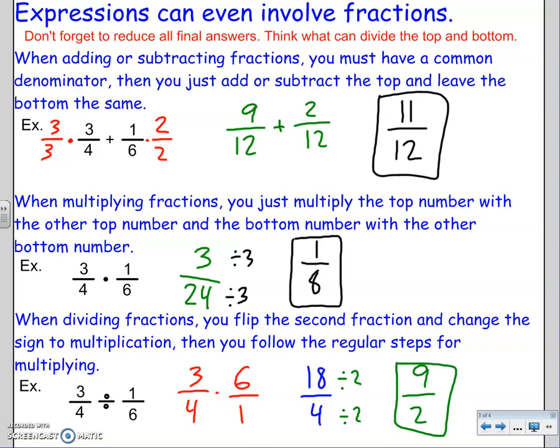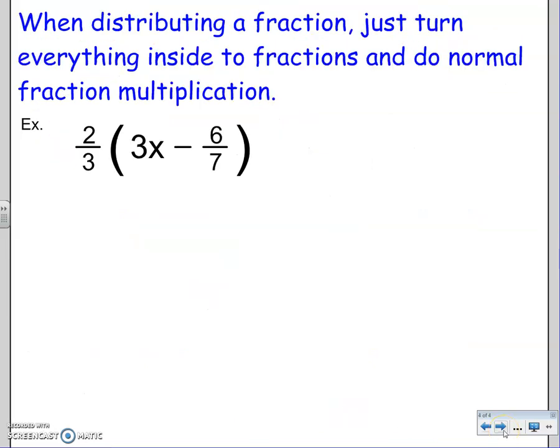That's the answer there. All right, and the last one, when distributing a fraction, just turn everything inside into a fraction and do normal fraction multiplication. So let's do this. This is distributing. I make this 3x over 1. So this will multiply both of these. So 2 over 3 times 3x over 1. Well, top times top. 2 times 3x is 6x. On the bottom is 3, because 3 times 1 is 3.